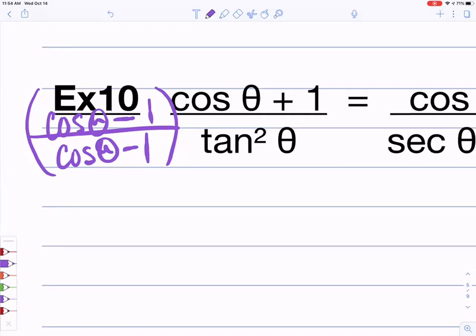Now on top, let's FOIL, and it's a difference of 2 perfect squares. Okay, that's why conjugates make things so nice. So when I FOIL on top, what do I have? Do you mean cosine squared? Yeah, -1. Because the outers and the inners, they zero each other out.